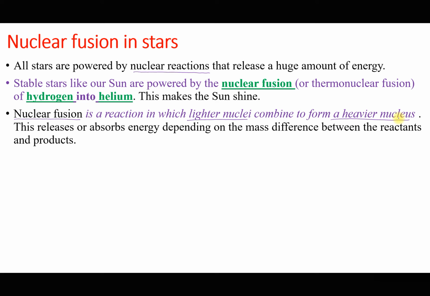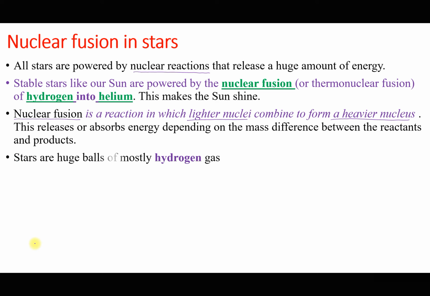That's what we call nuclear fusion. Fusion is like to come together. So two lighter nuclei, which are most likely deuterium, an isotope of hydrogen, tend to come together. In the process of coming together, they form a heavier nucleus called helium, and this process is accompanied by the emission of energy.